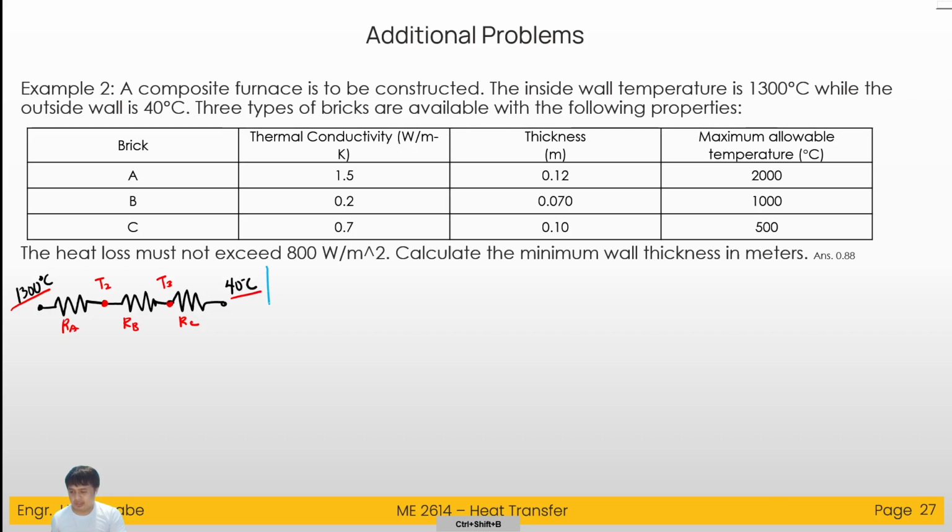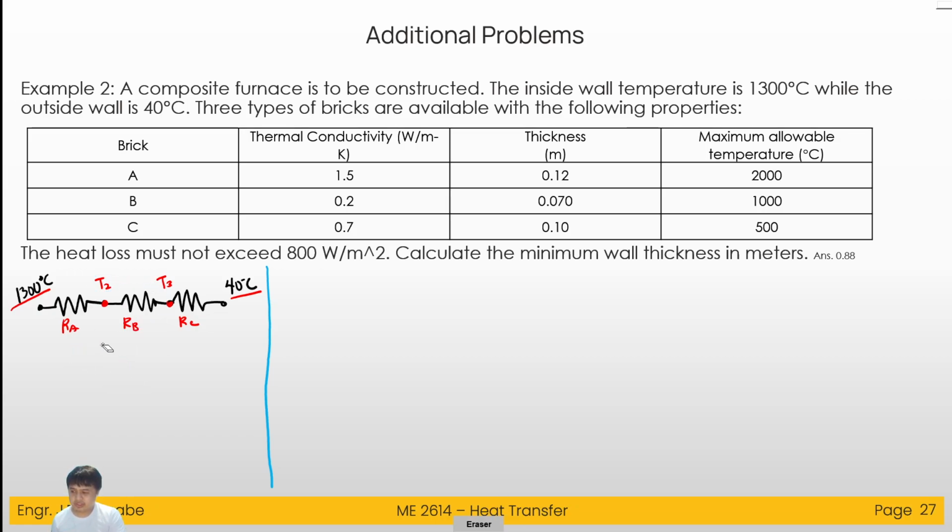So what we can do here is find first the effective resistance of each to find the temperatures in between. So we want to make sure that when we are using brick A, it should be below 1000 degrees Celsius before it goes to brick B, for example.